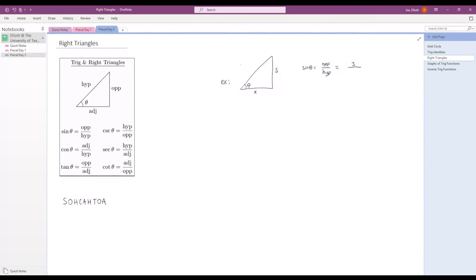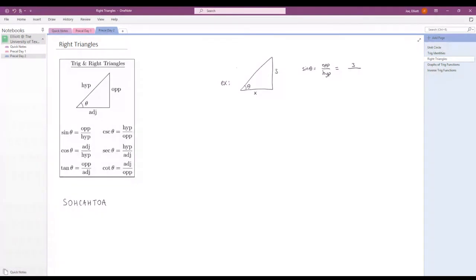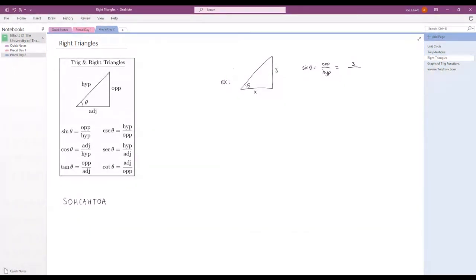Maybe he could tell me what the hypotenuse would be. I guess the hypotenuse would be 5 if x were equal to 4. That would be a 3, 4, 5 triangle.